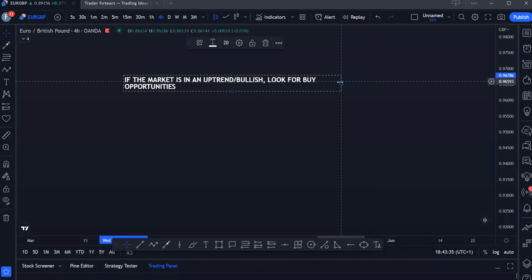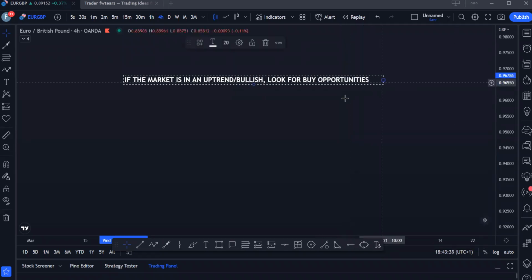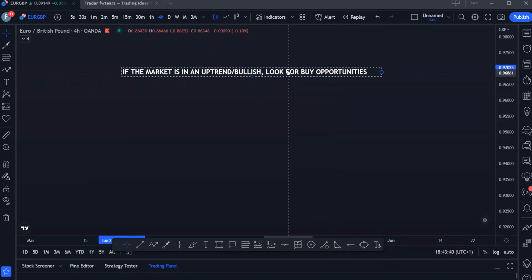When you spot that price is in an uptrend, you want to be looking for opportunity to buy in an uptrend.